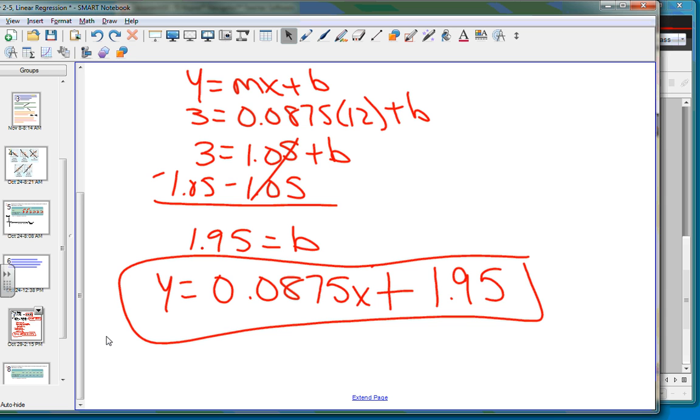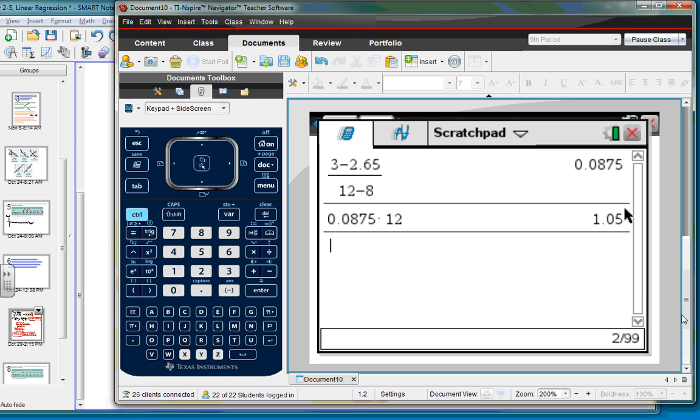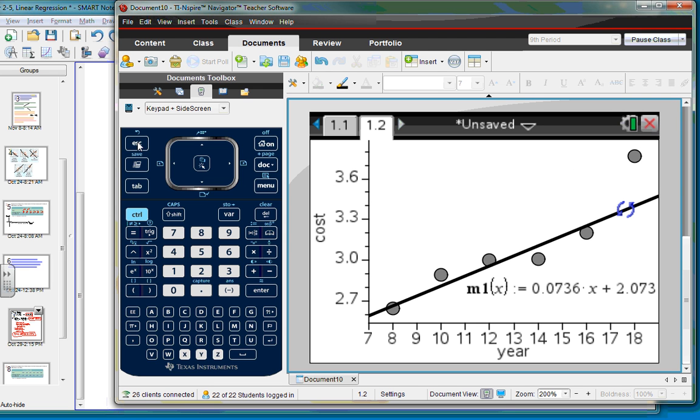Now, for those of you whose movable line went through the points 8 and 12 best, does your equation match pretty well to this equation right here? Well, those are what I use too. I think mine probably was a better match to that too, but look at mine.